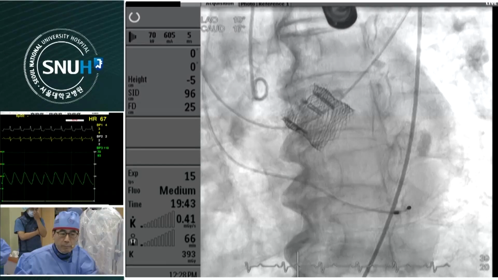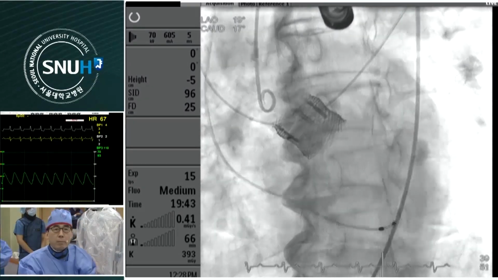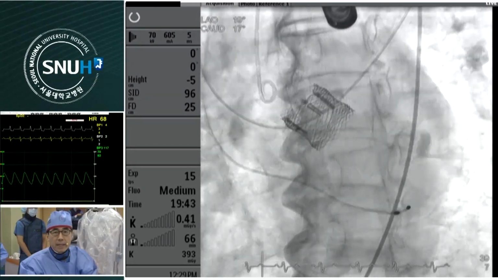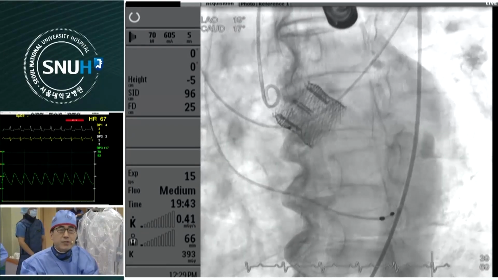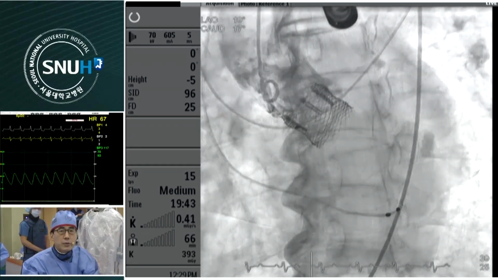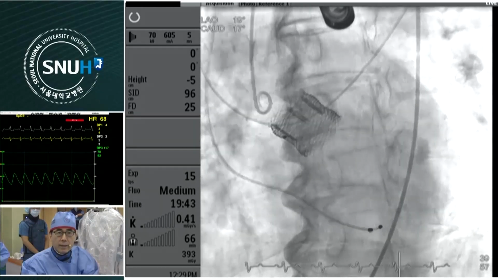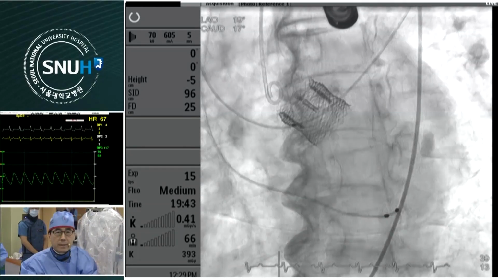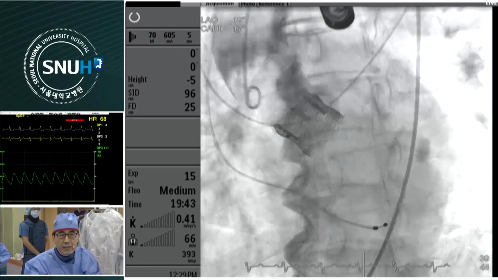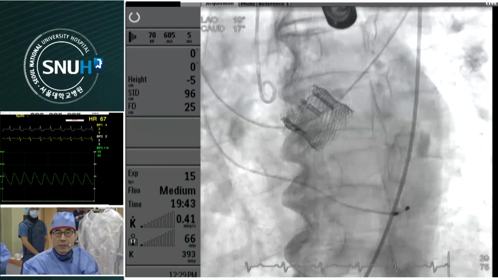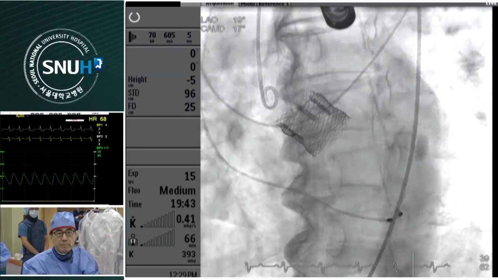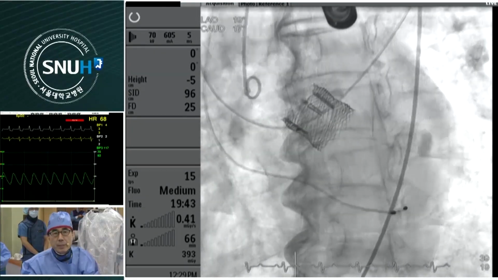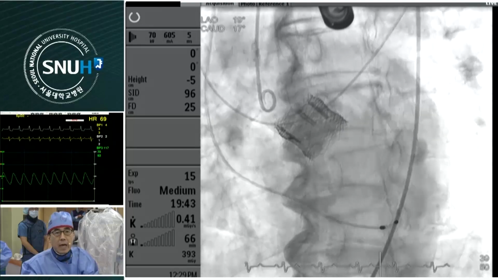Thus, in our system, we usually use Sapien, but in case of poor vascular access or extreme size, then we use Evolut R. In case of emergent case, poor hemodynamic status, we usually use Sapien 3. Just finish the procedure within 30 seconds. That's our team's principle, to choose one TAVI among 3.